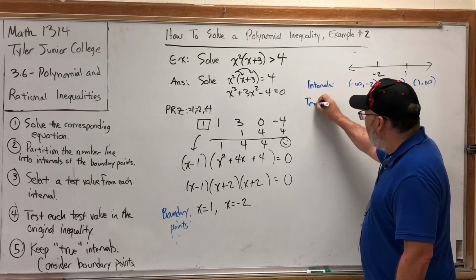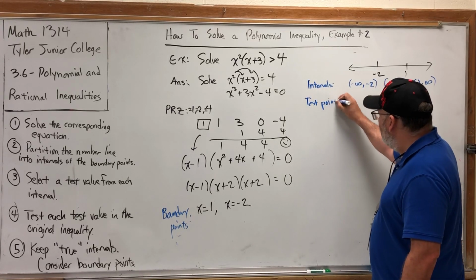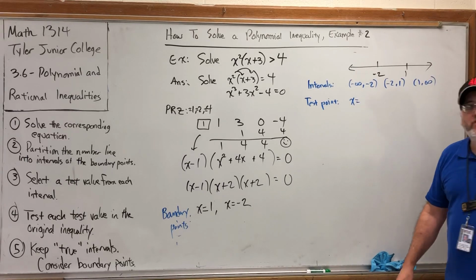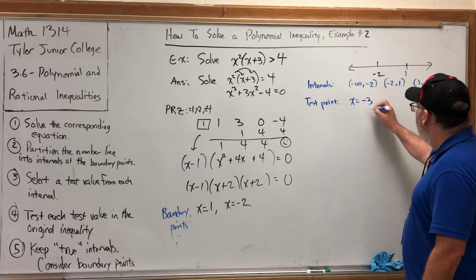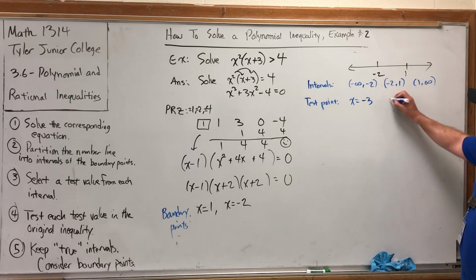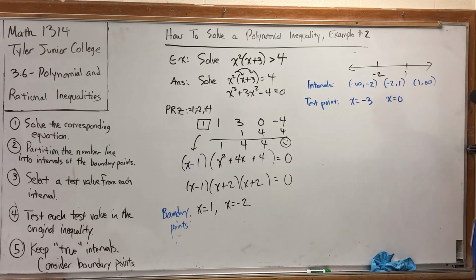From each interval, we select a test point. I need a number to the left of negative 2. Negative 3 will suffice. I need a number between negative 2 and 1. I can pick 0 there. And I need a number to the right of 1. How about 2? Again, your choice doesn't matter as long as it's in the interval.